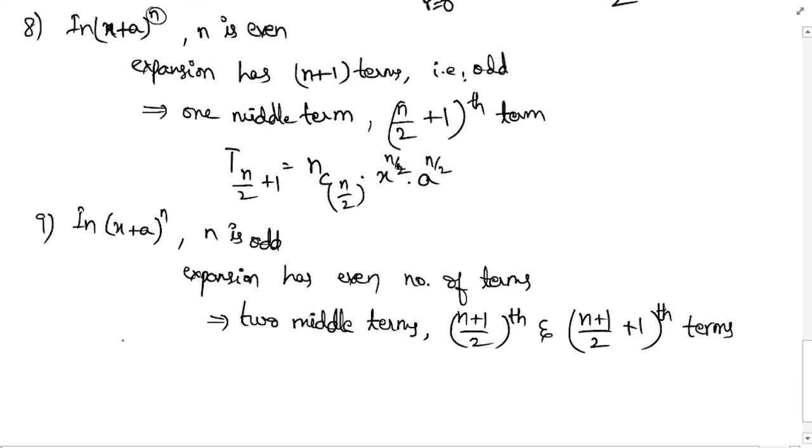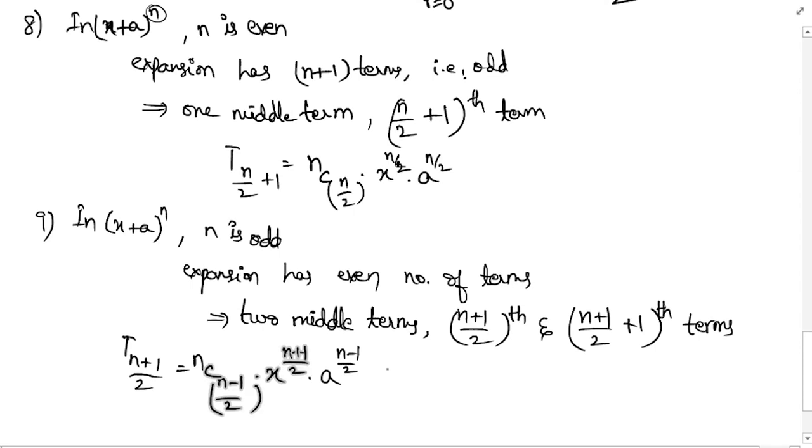And how to find those? T(n+1)/2 is equal to nC(n-1)/2 into x power (n+1)/2 into a power (n-1)/2.